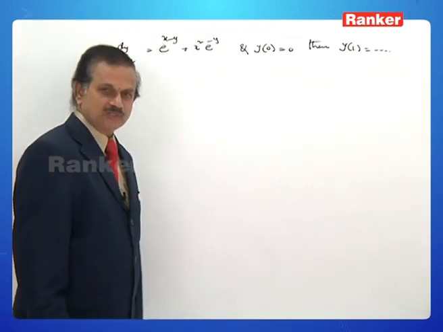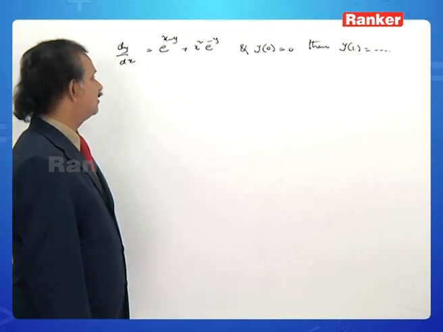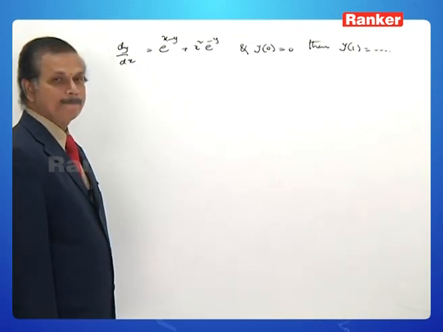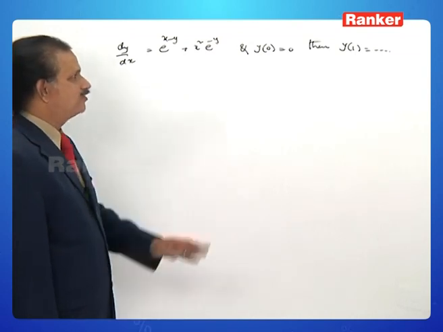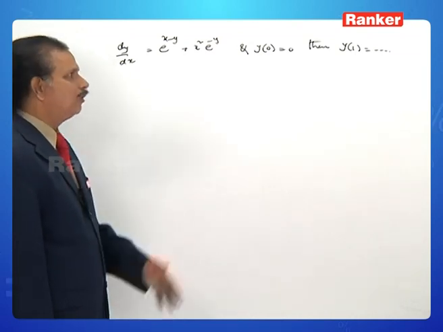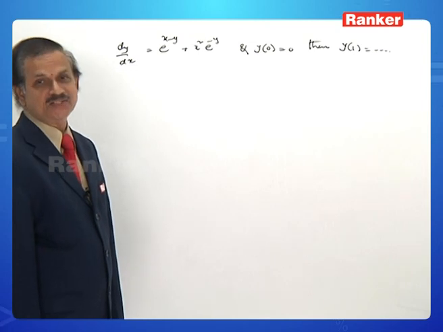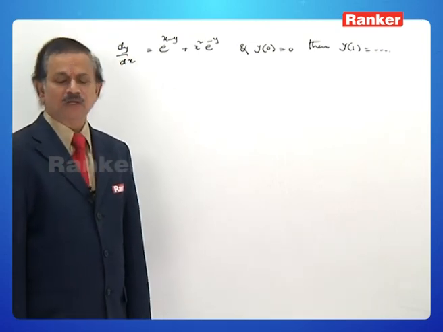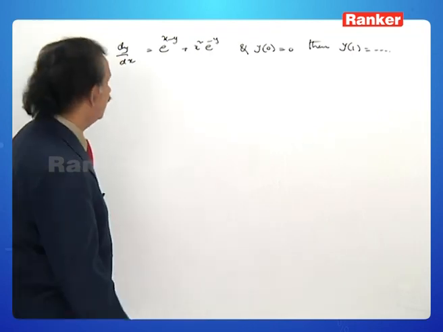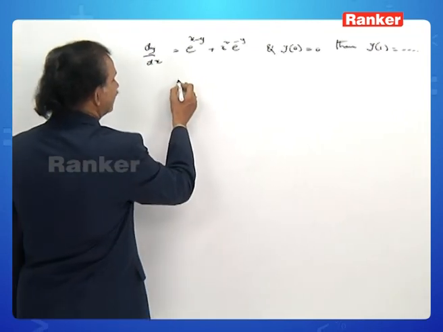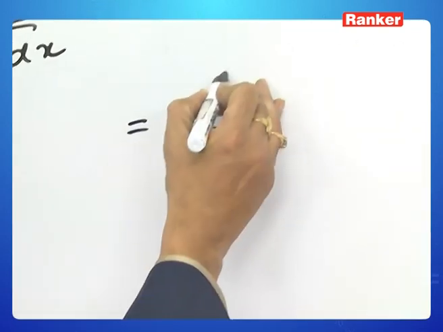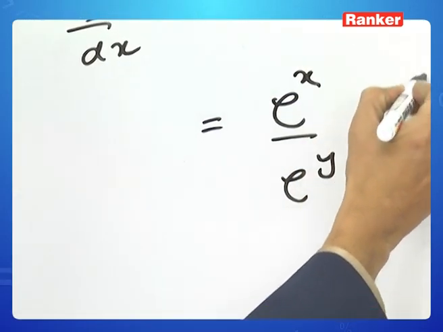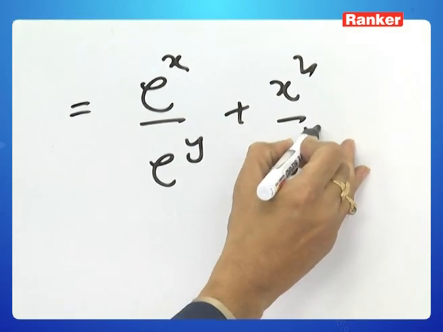Look at the first question on the board. dy by dx is equal to e power x minus y plus x square into e power minus y, and y at 0 is 0. Then what is y at 1? You have to understand y as f of x. Let us try. I would like to write this as e power x by e power y plus x square by e power y.